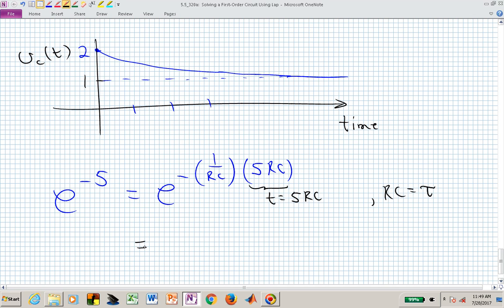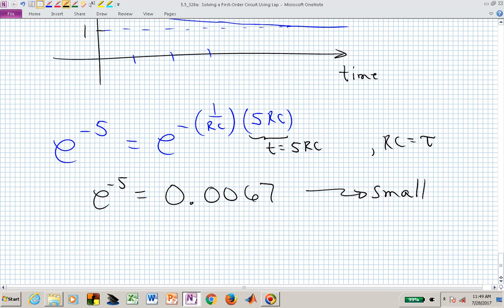Well, if you compute on your calculator e to the minus 5, you will find that that becomes 0.0067, and that's, I hope you'll agree, small, but in fact, we typically say, well, we maybe can approximate this to be approximately 0.01 if we round.